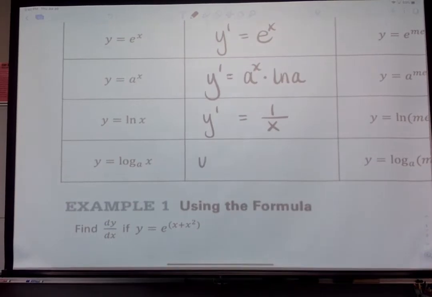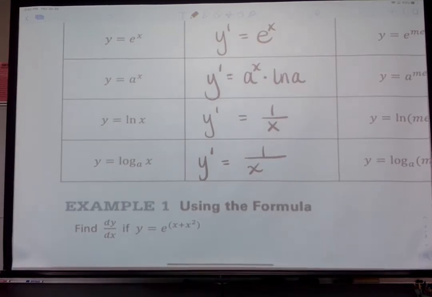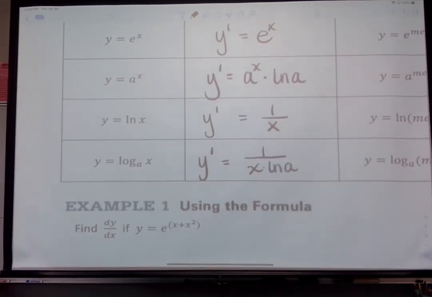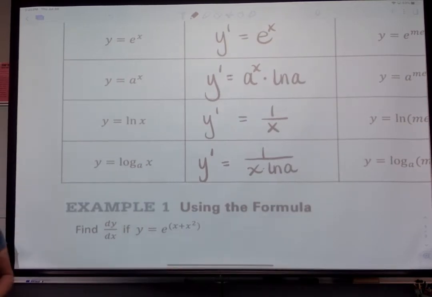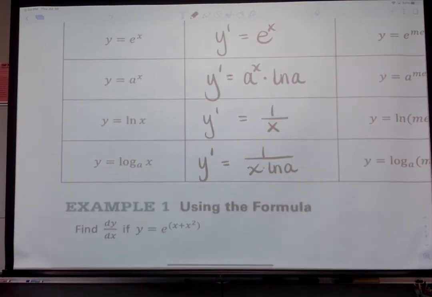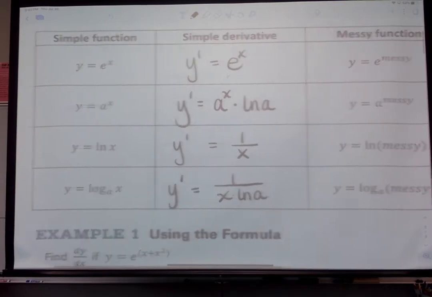Then your derivative is going to be 1 over x, and still in the denominator, times natural log of a, whatever that base was. Those are going to have to be memorized.